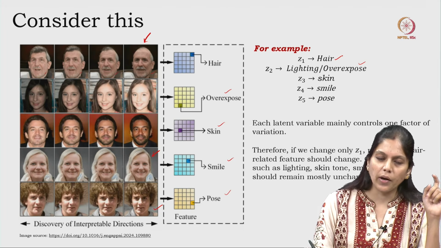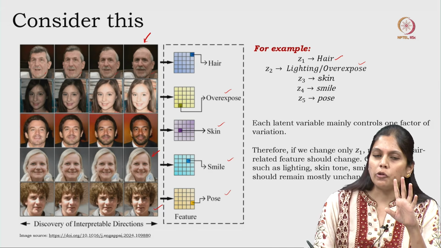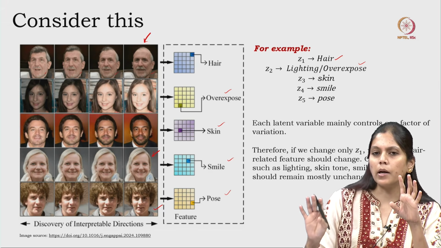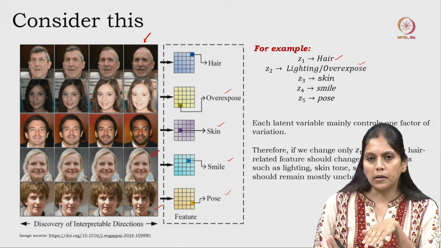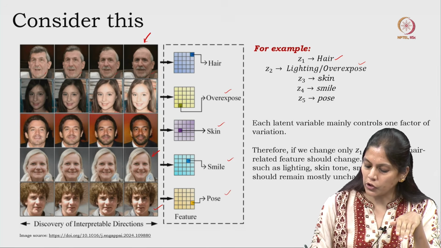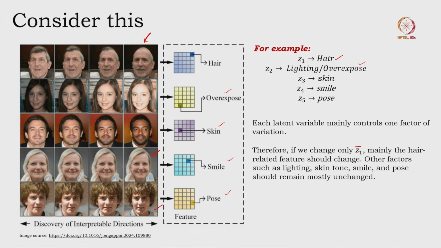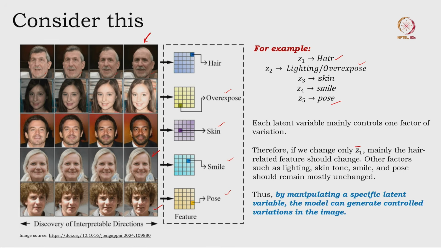Now by doing this, when we change only Z1, look at this. When we modify only Z1, which means only hair is getting modified, the rest of the concepts remain the same. So if you change only Z1, mainly the hair-related feature should change. Other factors such as lighting, skin, smile, and the last characteristic should remain mostly unchanged. If we can do this, then what are we achieving?